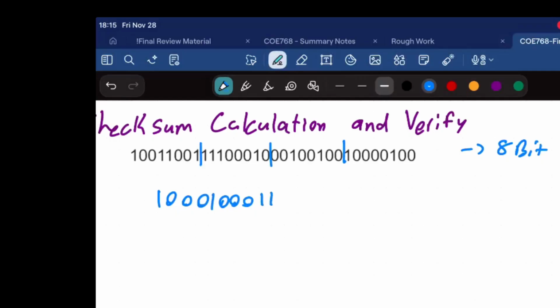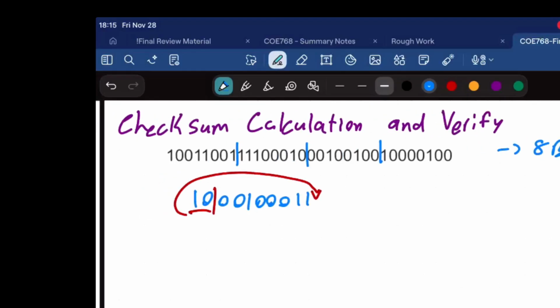So here we would get 1 carry bit at the start. Sorry, this is 8. My bad. That's 8. And we have these 2 carry bits at the start. And what we must do is wrap them around and re-add them to our actual checksum value that we're getting to.